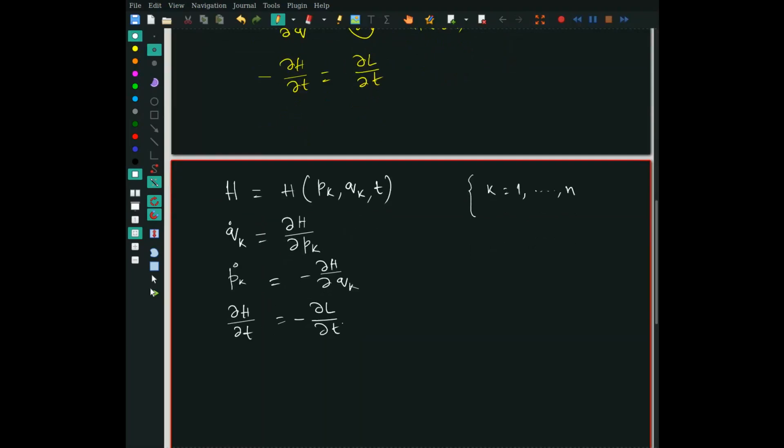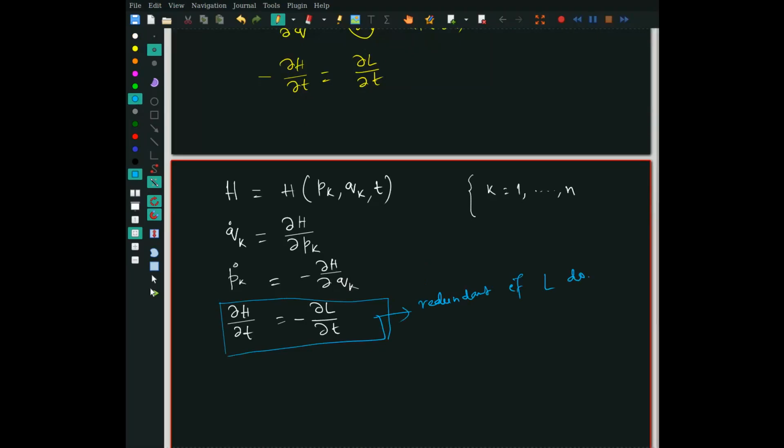And more often than not you will encounter a situation when your Lagrangian will not explicitly depend on time. So the last equation most of the times becomes redundant, if L doesn't explicitly depend on time.